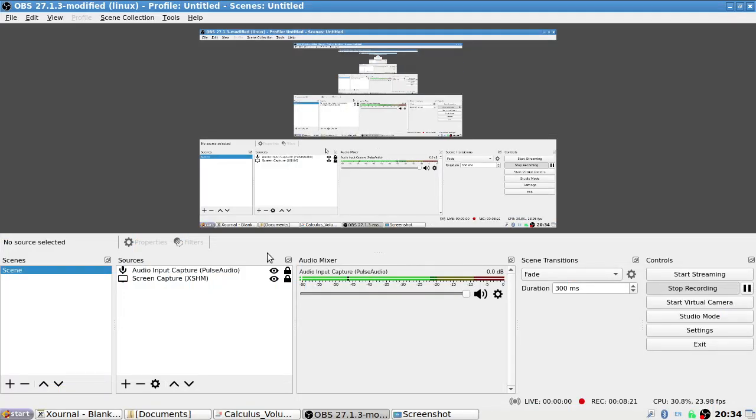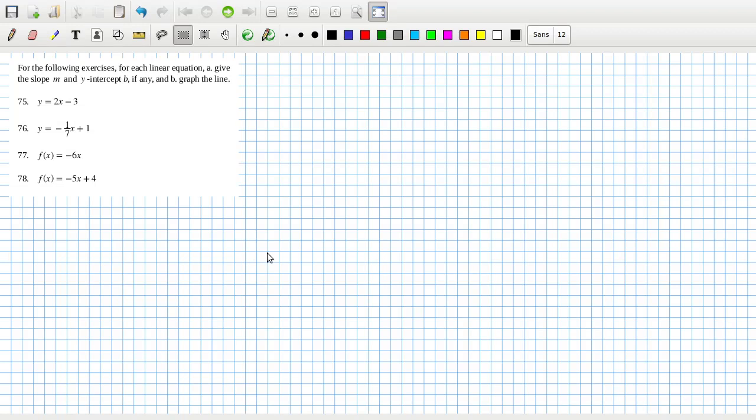We're good, we're still recording. Great. For the following exercises, give the slope and the y-intercept, if any, and graph the line.